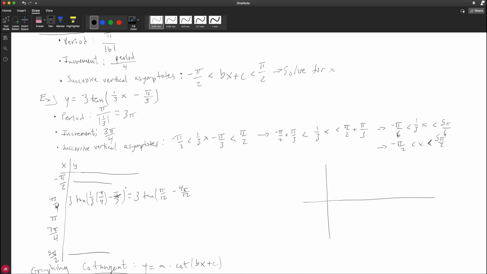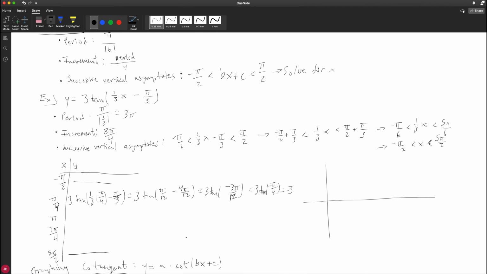And now I'm switching minus pi over 3 to the common denominator 12, so I get minus 4 pi over 12, which is 3 tangent of minus 3 pi over 12. And this number is 3 tangent of minus pi over 4. And the tangent of pi over 4 is 1. And since tangent is odd, the tangent of negative pi over 4 is negative 1, times 3 is negative 3.